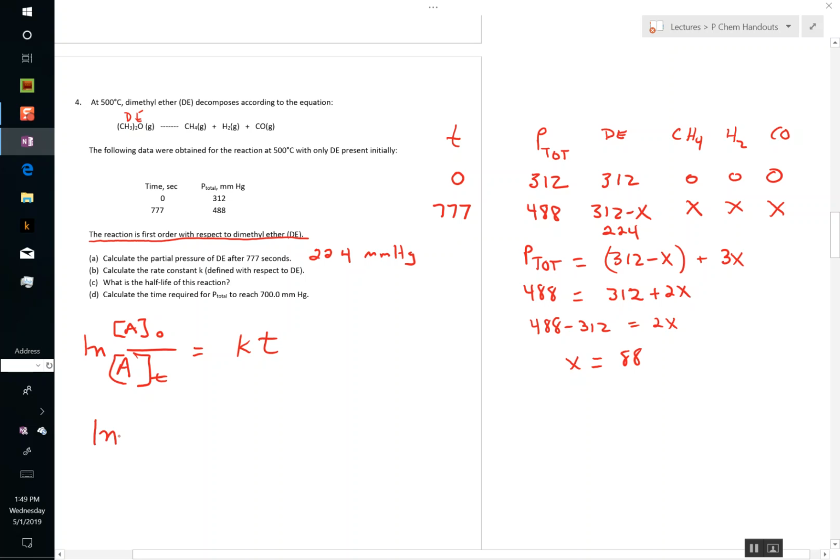So the log of DE initially over DE at time t is equal to kt. We know everything but k. We know the initial concentration, 312 millimeters, 224 millimeters, and 777 seconds. And you can calculate k.